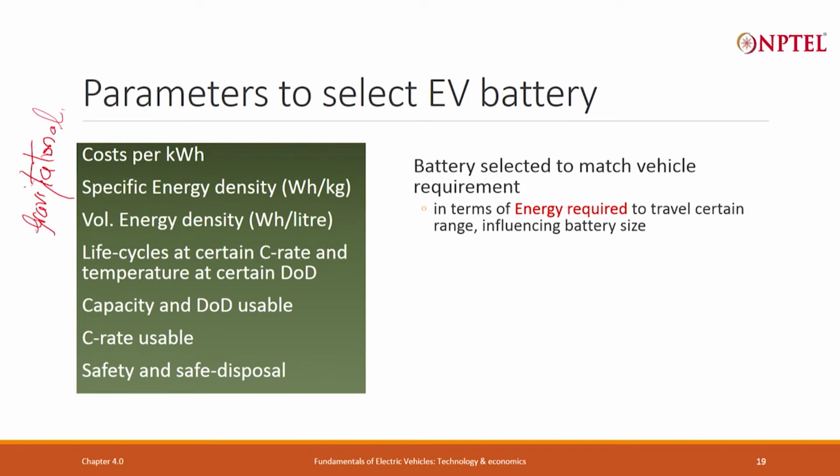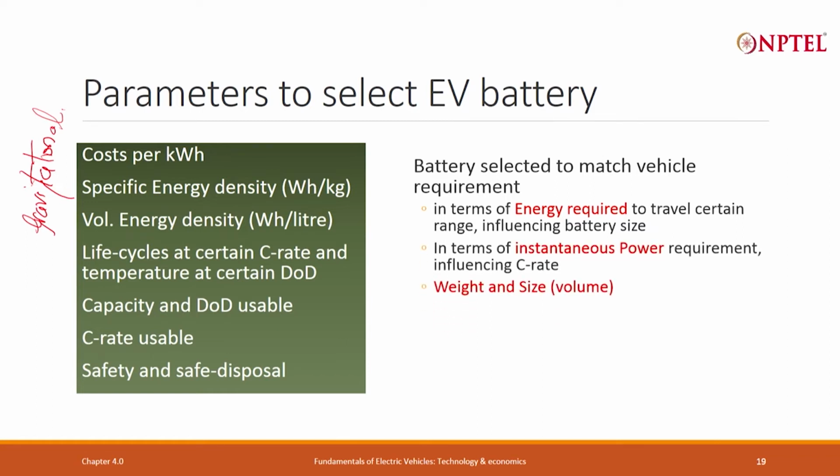The battery, of course, is selected to match the vehicle requirement. If a vehicle requires 20 kilowatt hour for a certain range, you have to have 20 kilowatt hour. It has to match in two ways.